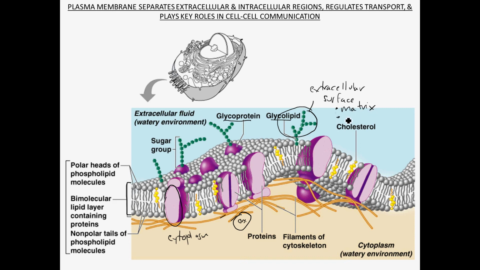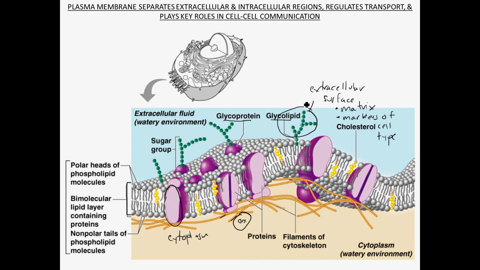They also play a role as markers of cell type. So liver cells will have different types of glycolipids and glycoproteins than kidney cells, than heart cells, etc. So these are ways that cells are able to distinguish one from the other.